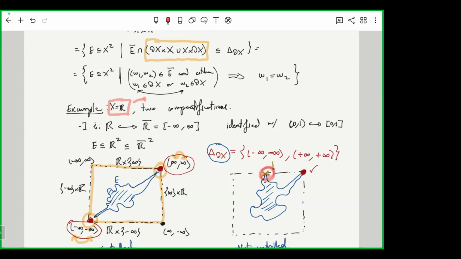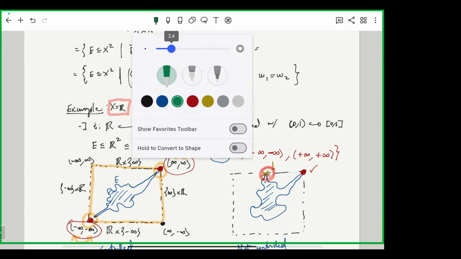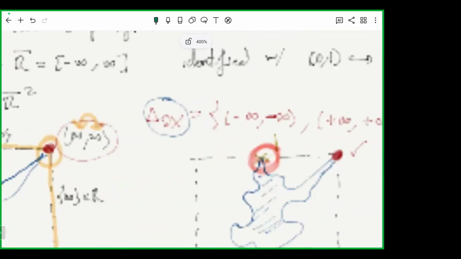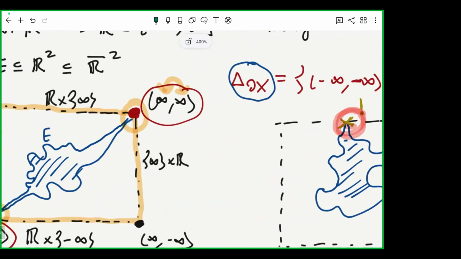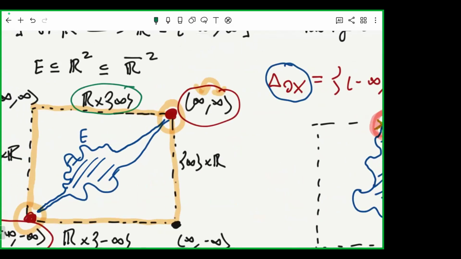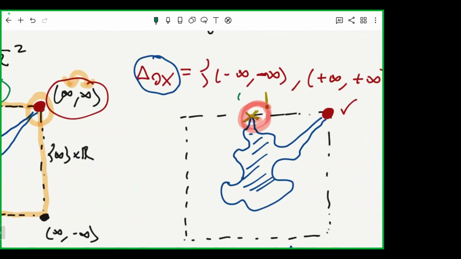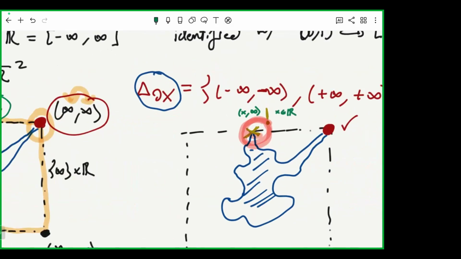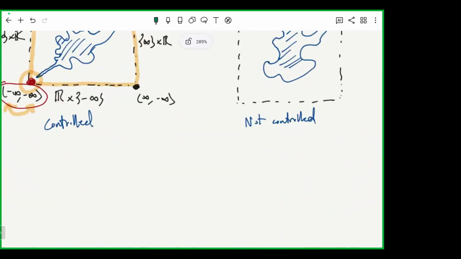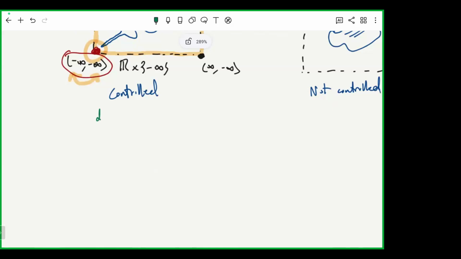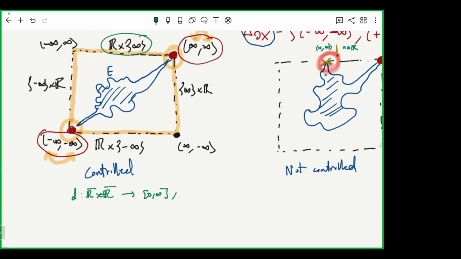I see. Yes, you can also describe this in terms of a distance. So this side here is R times infinity, and this point I draw here is x infinity for some real number x. There is an extended distance on the horizontal compactification. You can still have an extended metric.